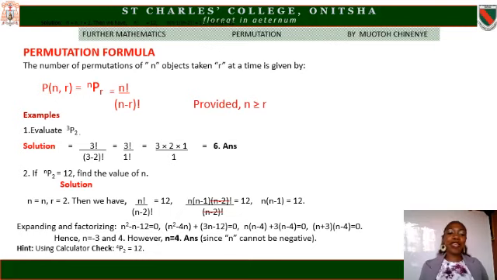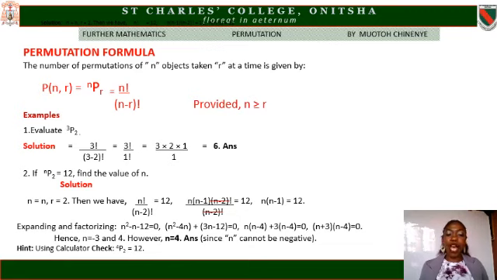Example 2. If n permutation 2 is equal to 12, find the value of n. Solution, our n still remains n from the given formula, and our r in this question is 2. Then when we substitute, we are going to have n factorial all over n minus 2, all in bracket factorial, equal to 12.